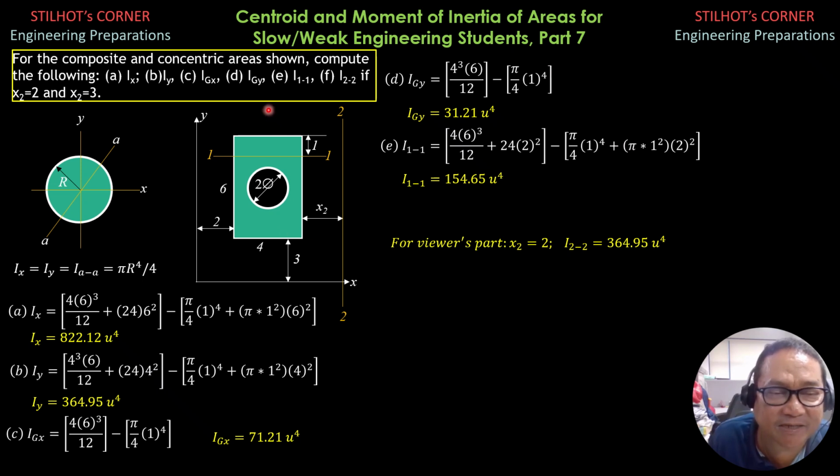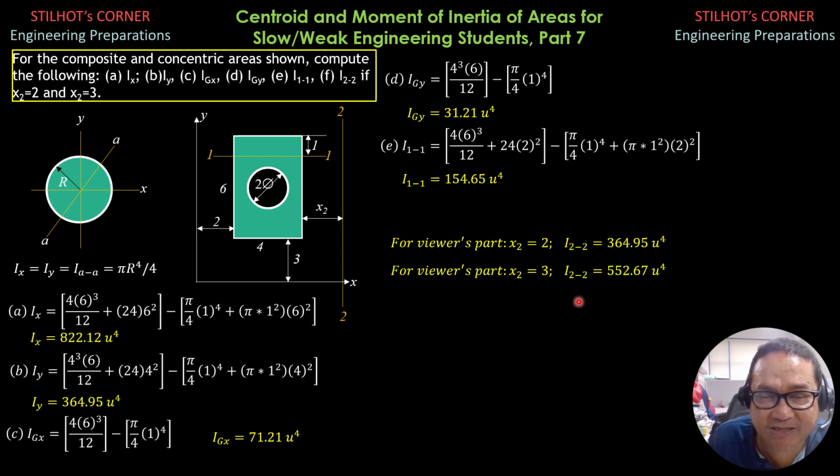Or the other way, if you want to verify, it is IGY, which is 31.21, plus net area, which is 24 minus pi, and the distance is 2 plus 3, so 5. So 5 squared, that's the distance. And verify that it is equal to 552.67 units to the fourth.